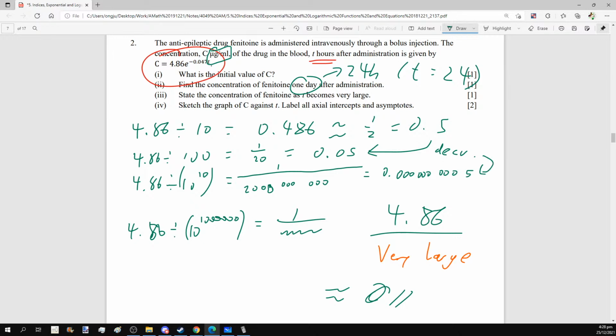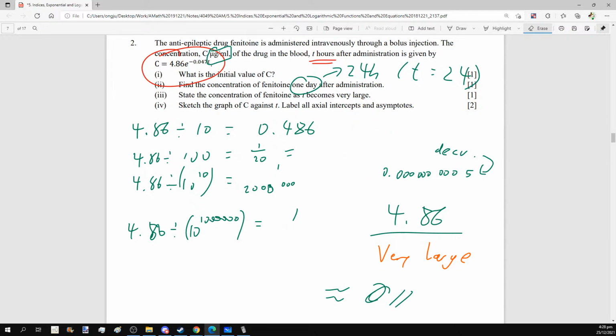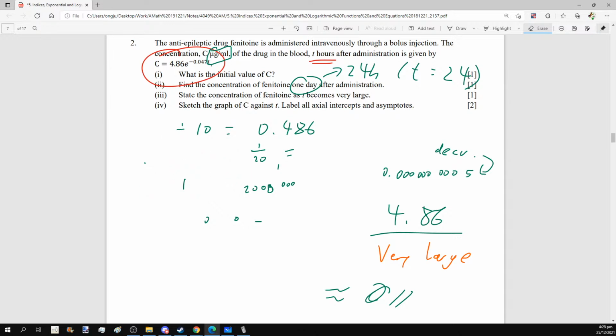So once again, I have decreased, and 4.86 divided by 10 to the power of 1 million, we shall not talk about that. It will be too small. So the moral of the story is that large multiplied by a number will not actually make that much of an impact. But if you are dividing by large, then you can expect the number to go to 0.